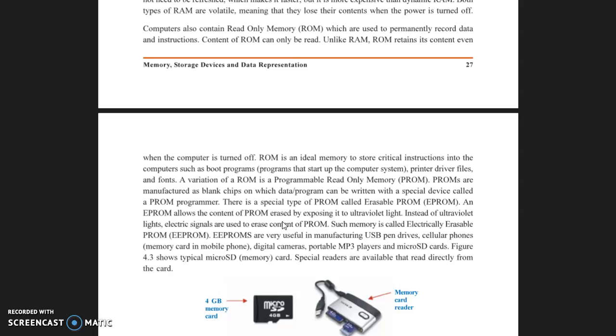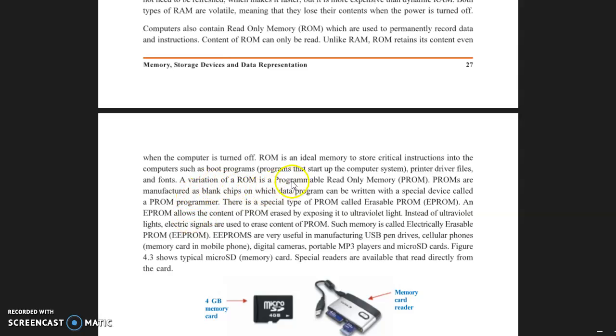And when we type something and the power goes or we cannot save it, it is stored in temporary memory, volatile memory. So such instructions, such as a boot program, start up the computer system. Underline this line: the boot program starts up the computer system, printer, drivers, files and fonts.